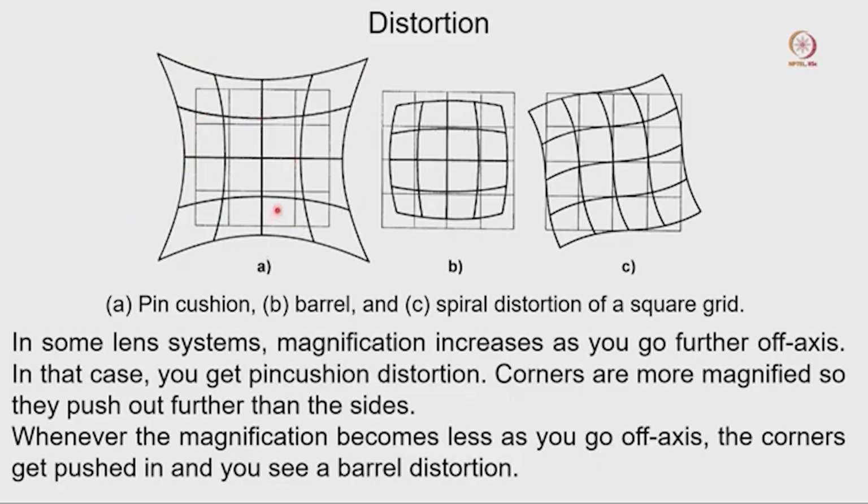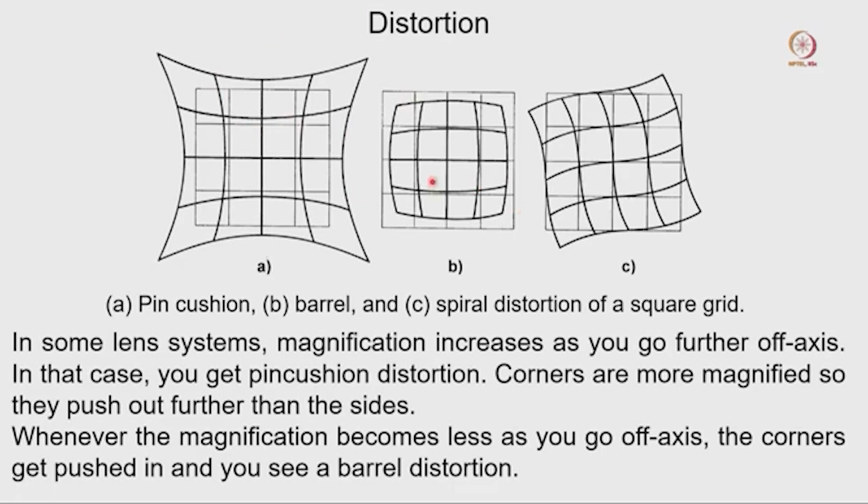One is pincushion distortion and one is barrel distortion, and you can see spiral distortion also. If you change the magnification, your image will rotate in a different way, and you will get this kind of shape when you rotate it. In pincushion distortion, you can see the corner of the image has a different magnification, and the center has a different magnification.